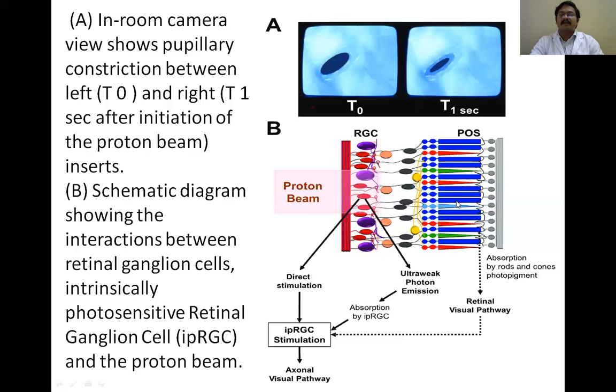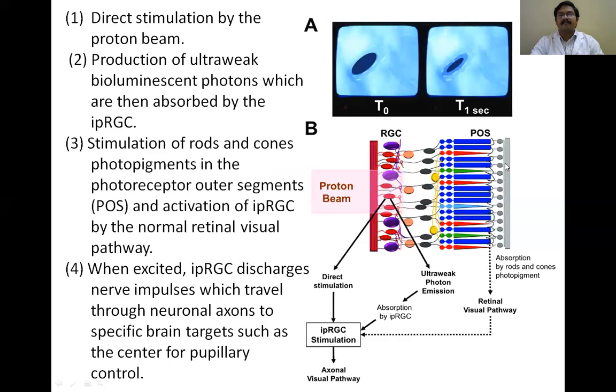The other mechanism, directly it has synapses with the signals from the rods and cones, bipolar cells and the ganglion cells, where it receives the input. That is the other pathway. Showing the intrinsic retinal ganglion cell and the photo beam, it can be stimulated by, as we have discussed just now, direct stimulation, or the production of ultra weak bioluminescent photons, which are also absorbed by the intrinsic photoreceptor ganglion cell.